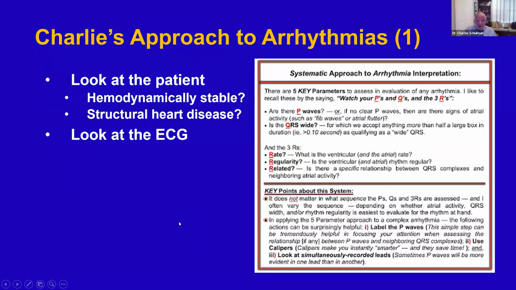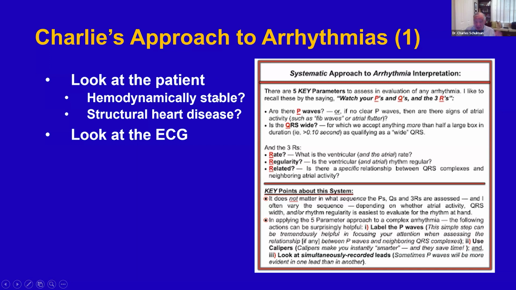So this is my approach to arrhythmias. Number 1, look at the patient. You can always start there by looking at the patient. But in this case, what I mean is two things. One is the patient hemodynamically stable?